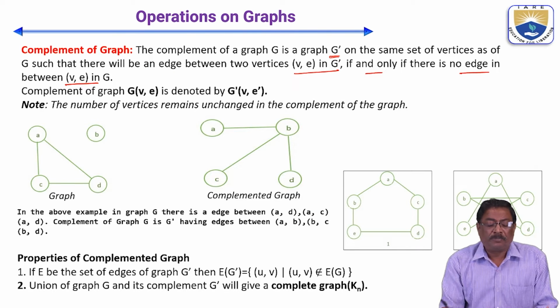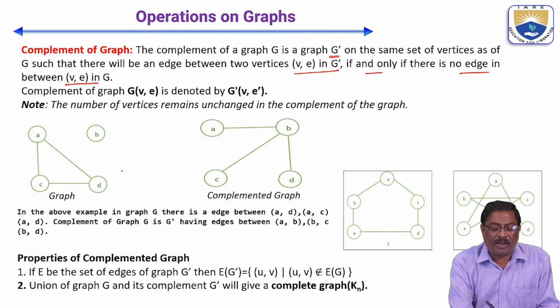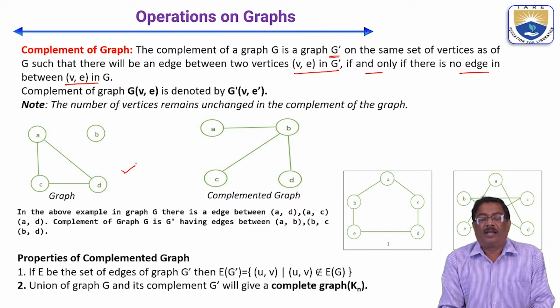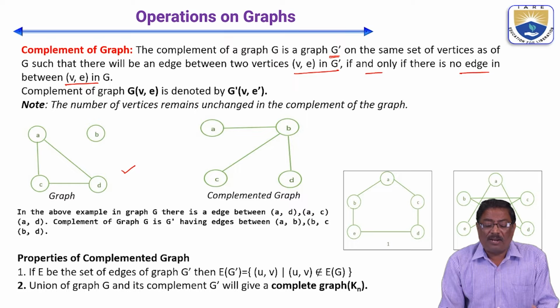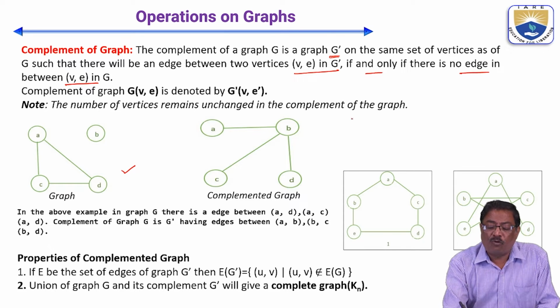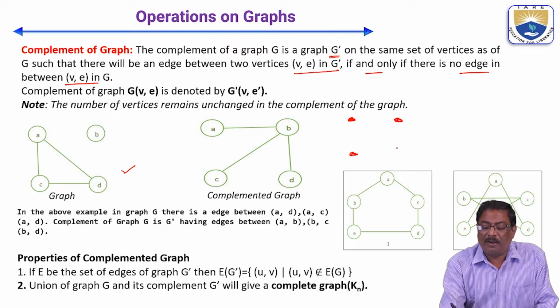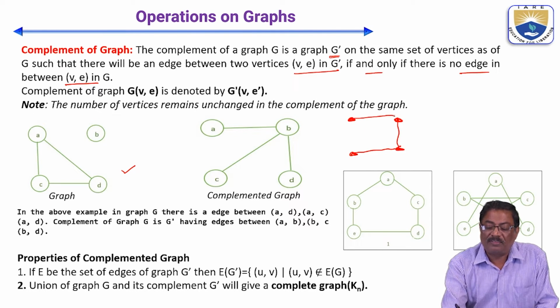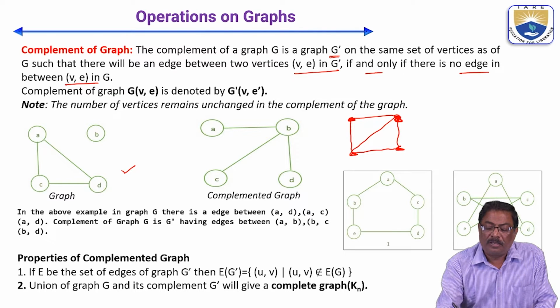So here, let us consider I am taking one graph which is of this form. And now the complete graph, if I am considering 4 vertices, complete graph. I am going to construct a complete graph like this, because this is just similar to a universal set.